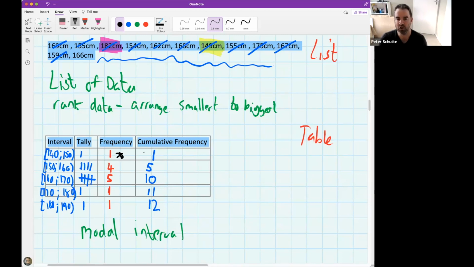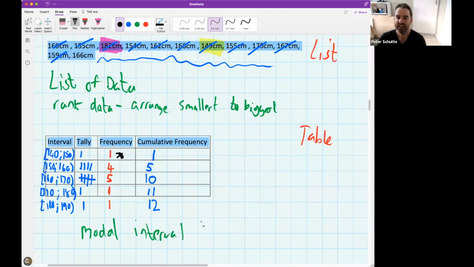But if you accumulate the frequency, if you add how many there are in the first row and the second, can you see 1 plus 4 gives you 5? So there have been 5 items up to there. And then for the next one, how many have there been up to this point? 1 plus 4 plus 5, and that gives me 10. So it's saying there's 10 items on there. Okay, thank you. Perfect.